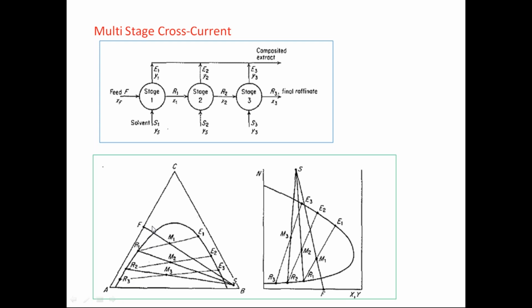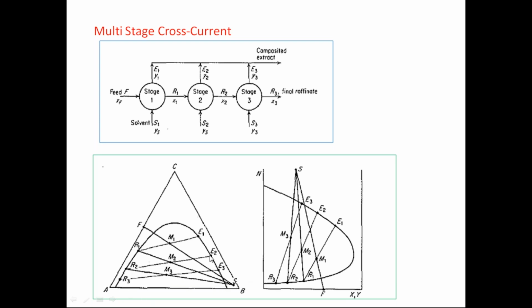See, the concentration in the raffinate is coming down on this raffinate phase curve, and it may reach very near to this one, so that if you have an infinite number of stages, then you may achieve 0% concentration of C in the raffinate.